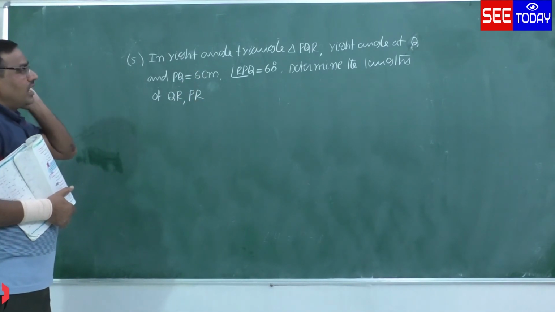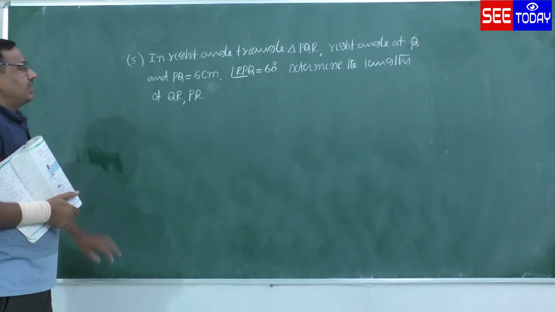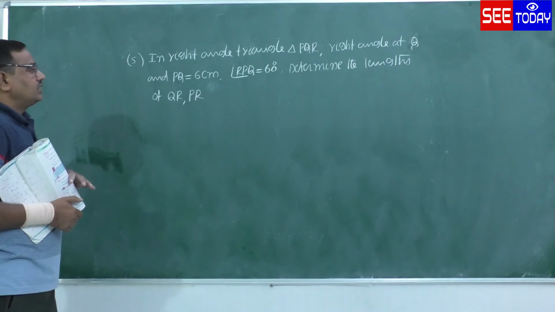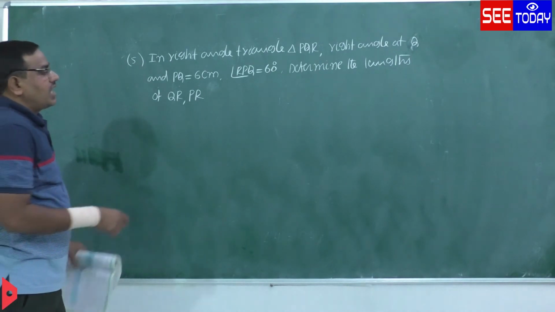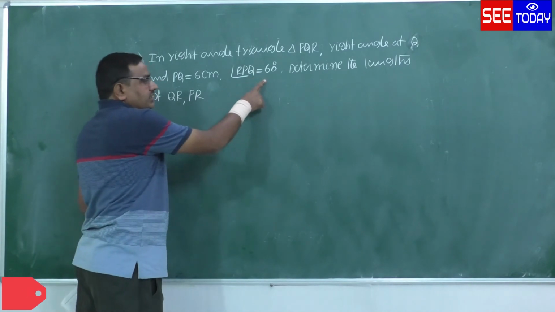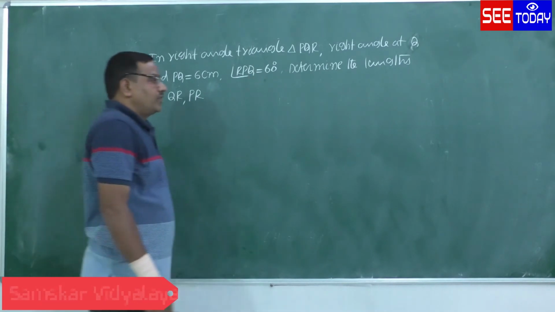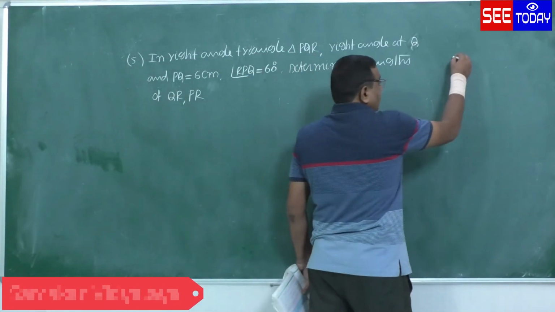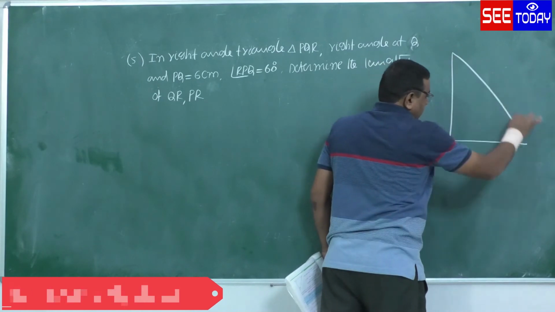Okay. In right angle triangle PQR, right angle at Q, and PQ is equal to 6 centimeters. Angle RPQ is equal to 60 degrees. Determine the lengths of QR and PR. How do you proceed? First you can take one right angle triangle.